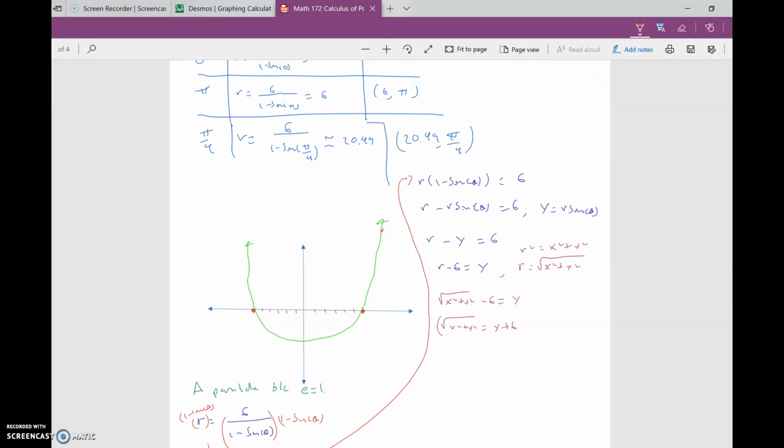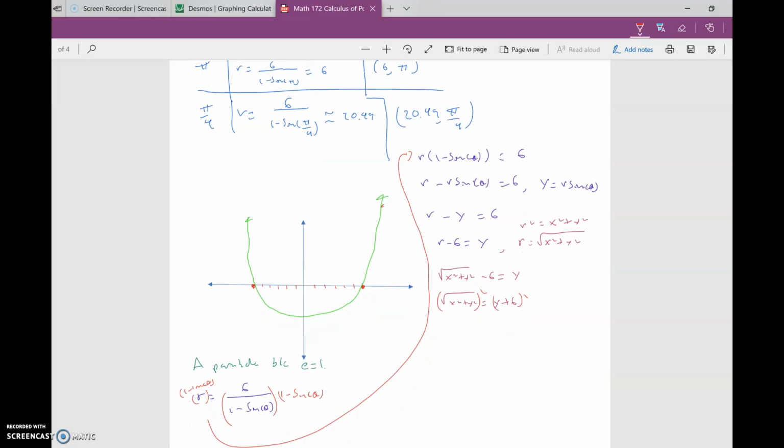And then technically square this one, which is going to give you x squared plus y squared is equal to y squared plus 12y plus the value of 36.